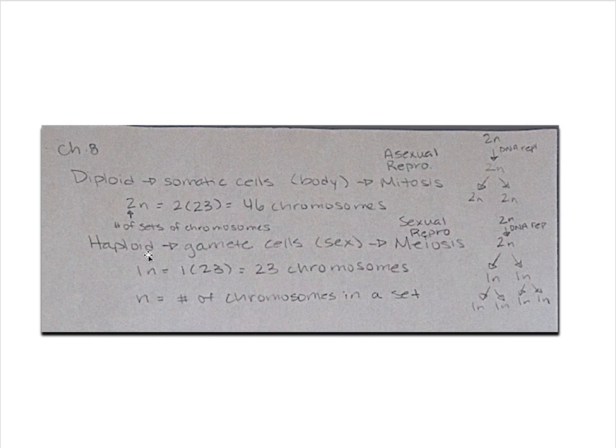Here we have what's called haploid cells. These haploid cells are your gamete cells, which are your sex cells. These sex cells are your egg cells in females and your sperm cells in males.